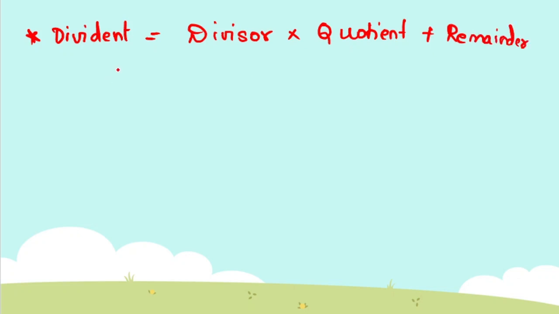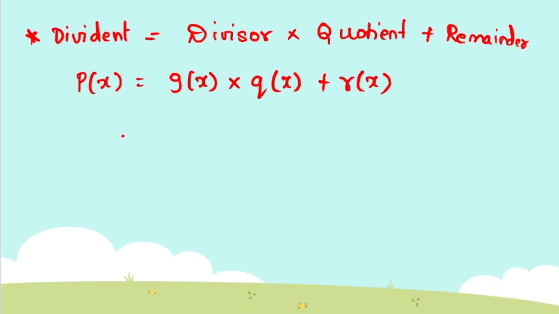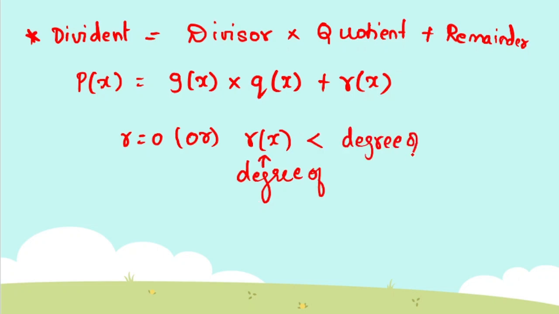So your dividend is nothing but P of x is equal to G of x into Q of x plus R of x. Here R can be equal to 0, or the degree of R of x should be less than the degree of G of x. Clear? Keep this in mind.